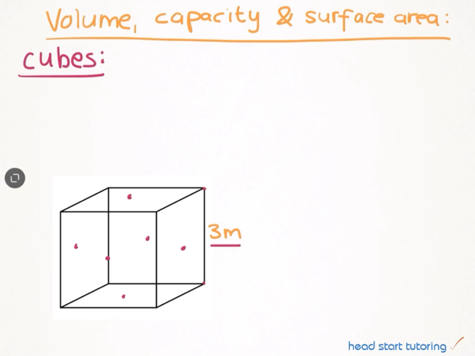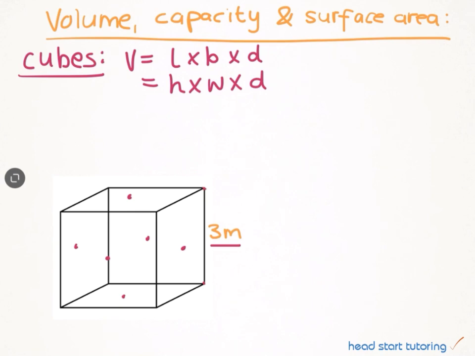So let's have a look at the formula for volume. Volume is equal to length times breadth, which is exactly the same as your area, and then multiply that by your depth. So what we can also say is that volume is equal to height times width times depth.